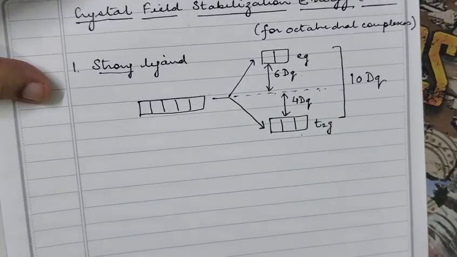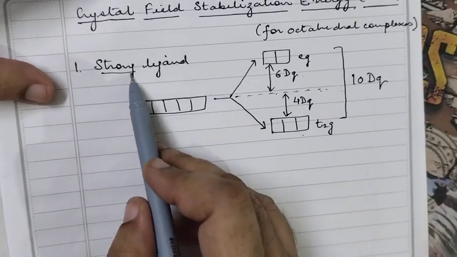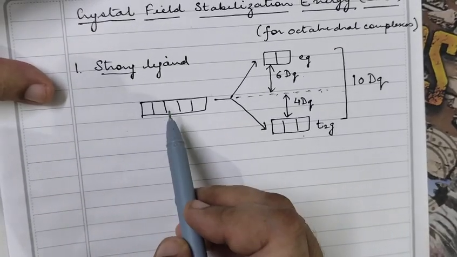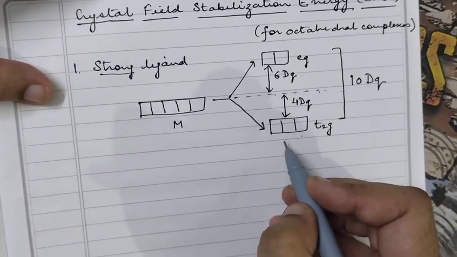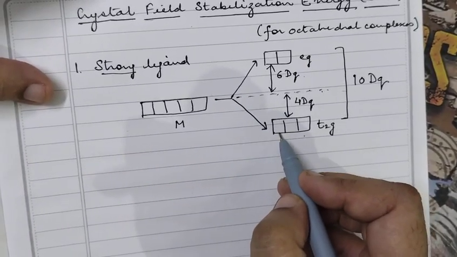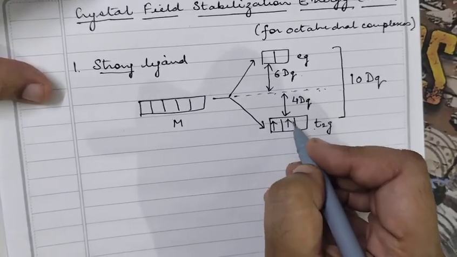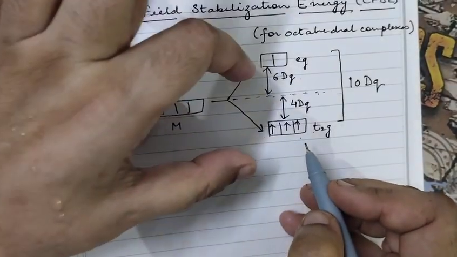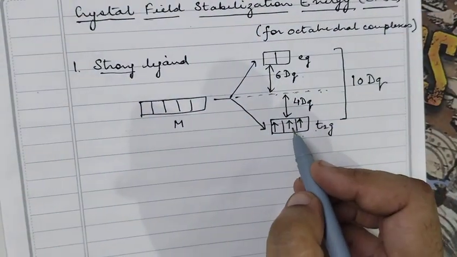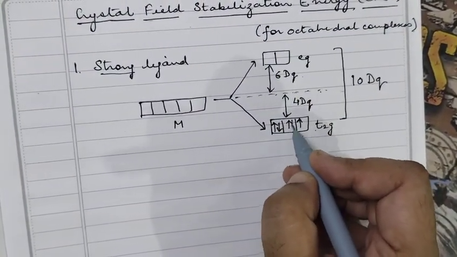So when electrons get filled in the central metal d orbitals in the case of a strong ligand, electrons are filled in the T2G first. So first electron, second electron, third electron, and since this gap is higher, instead of going to EG, they prefer to get paired up in T2G.